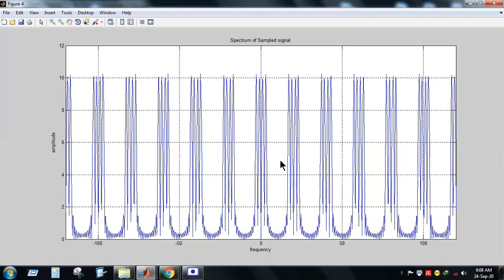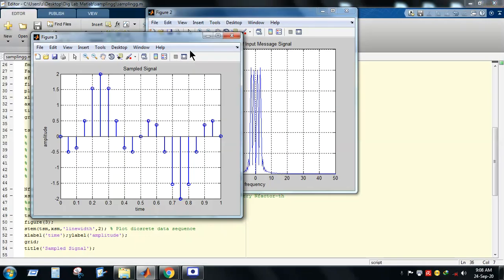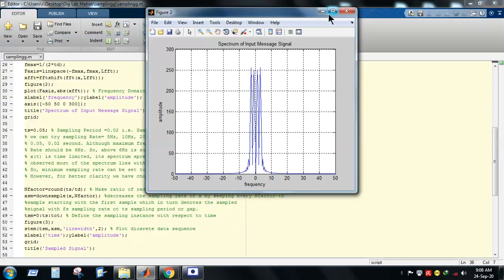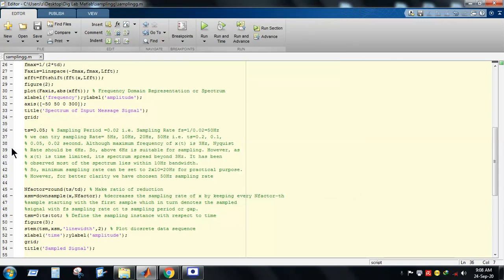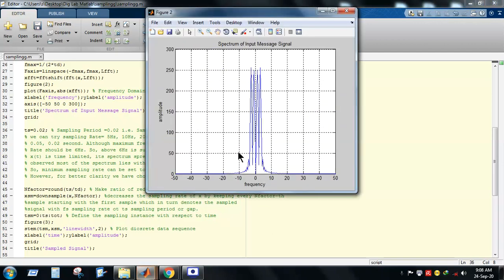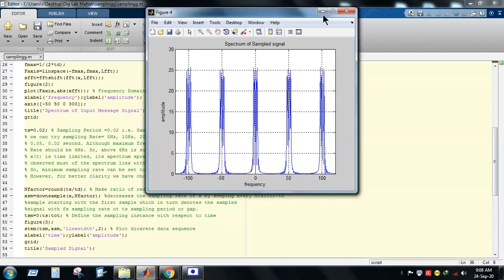And obviously the spectra will not overlap with each other. So this is the best or practical Nyquist rate for this particular problem, as the input message signal is time limited. But formally, for better clarity, we'll set Ts equal to 0.02, that is corresponding to the 50 hertz sampling, and we ultimately get this kind of spectrum.